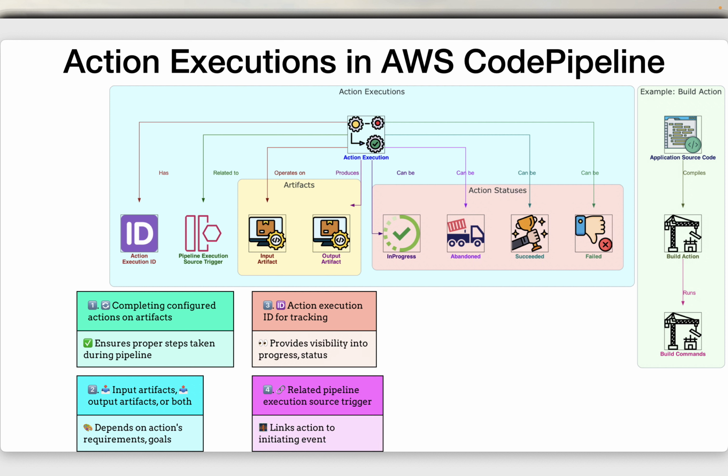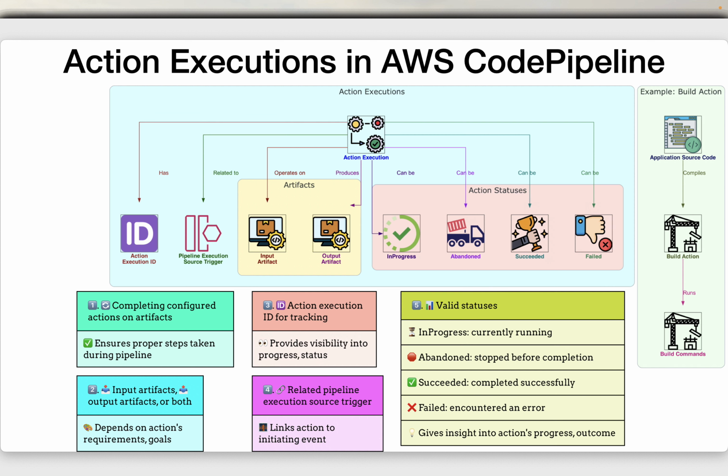Action executions are linked to the related pipeline execution source trigger, establishing a clear connection between the action and the event that initiated the pipeline run. Action executions can have various statuses, including in progress, currently running, abandoned, which is stopped before completion, succeeded, which is for completed successfully, and failed, where it encounters an error. And this gives insight into the action's progress and outcome.